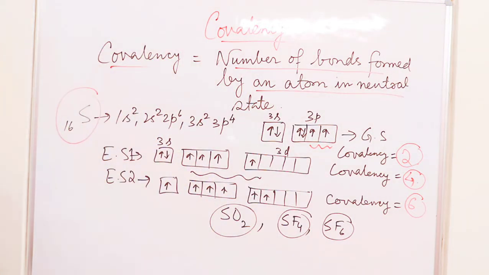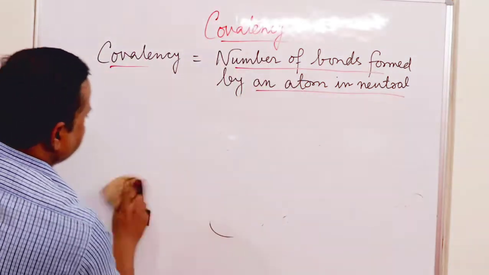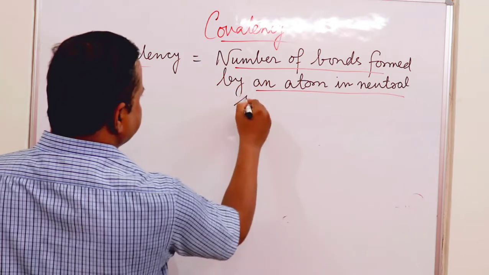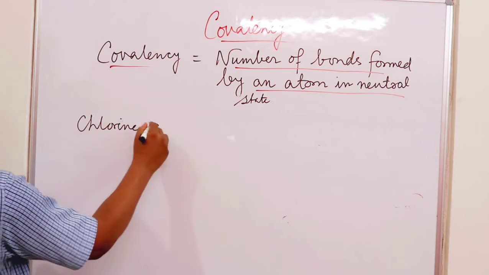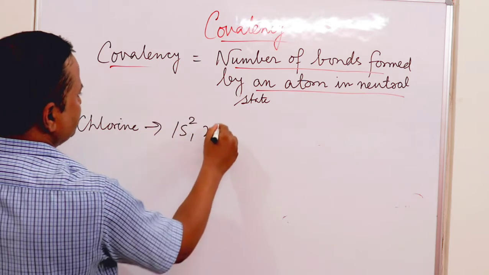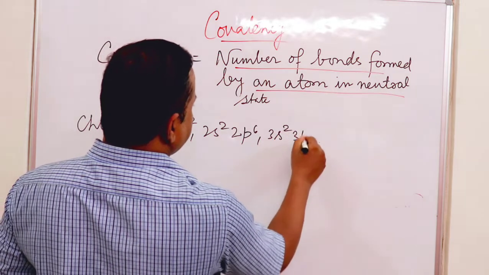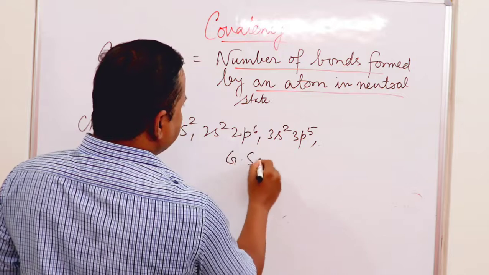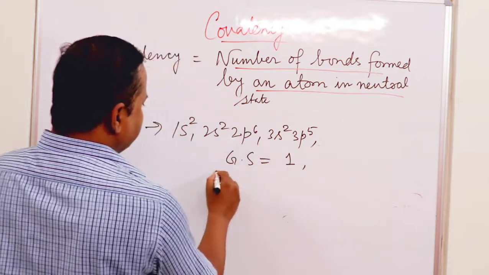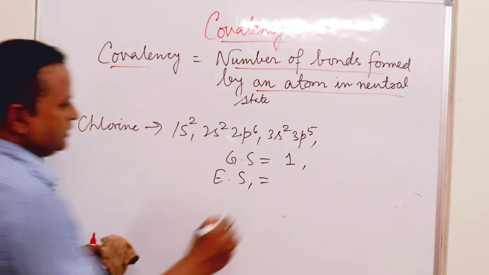Now let's move on to the chlorine atom. In chlorine, you know, the configuration is 1s2, 2s2, 2p6, 3s2, 3p5. So in ground state, its covalency is 1, but in excited state, it also shows other covalency like 3, 5 and 7.